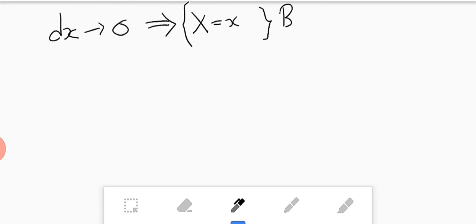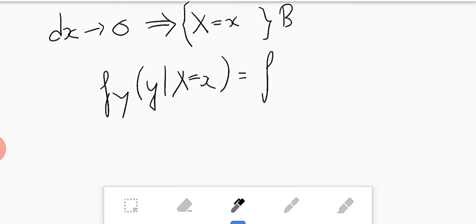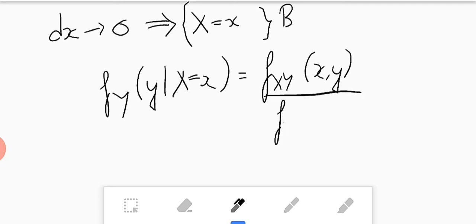So once your X is equal to small x, that is a single point, your equation will look like this. Now this you can also denote as just fy of y given x. Why?